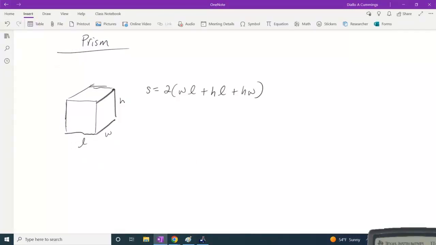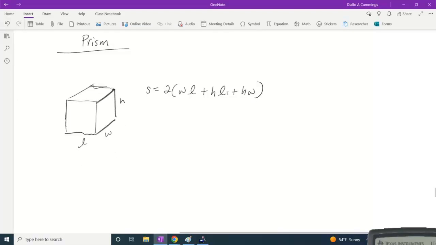All right, now there's something called lateral surface area. So let me just explain the difference. Lateral surface area has a totally different set of formulas. For our formulas, we're finding the total surface area. Lateral surface area would be the area of all the sides, but not the base.